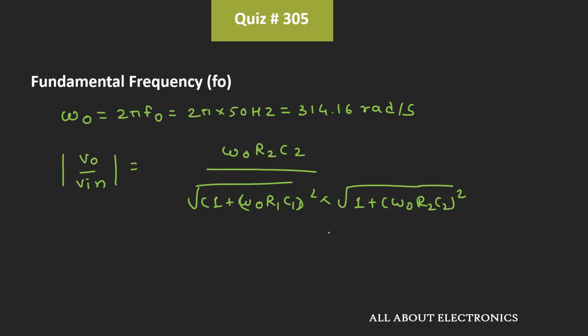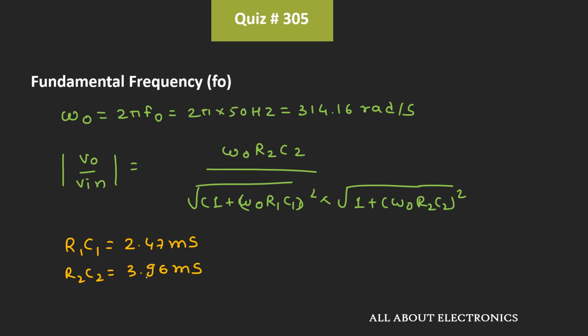So in this expression, let us put the value of omega as well as the R1 C1 and the R2 C2. As we have seen, this R1 times C1 is equal to 2.47 millisecond, while this R2 times C2 is equal to 3.96 millisecond.